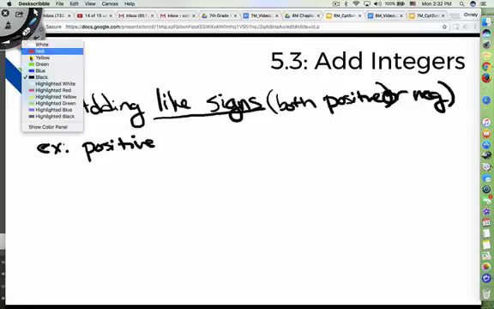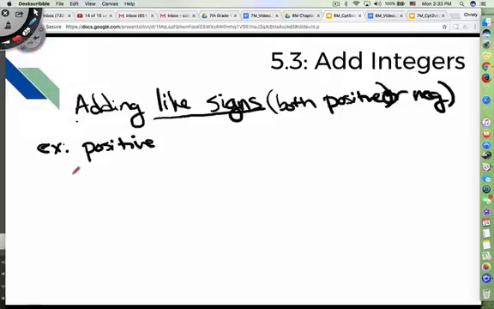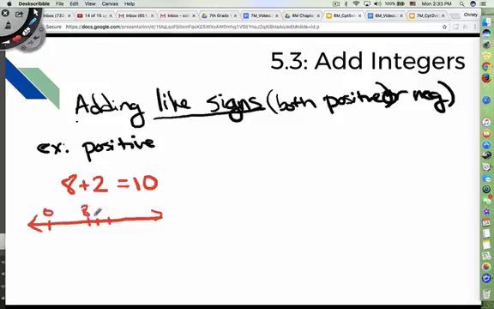If I have 8 plus 2, I have 10, right? I know you know this answer, so I'm trying not to linger on this. But here I am at 8, and then I'm adding 2 more, 1, 2, and so now I'm at 10, right? That's how it works on that number line.